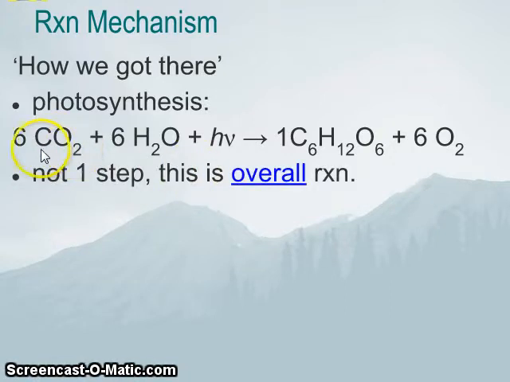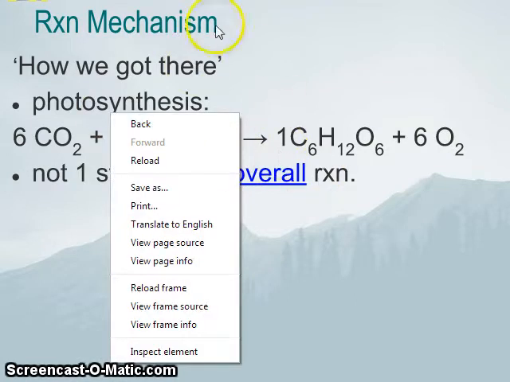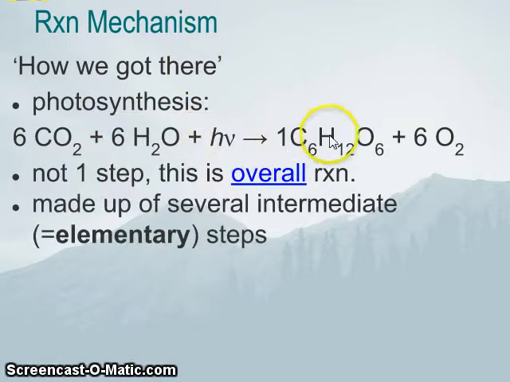We know that this doesn't happen in one step, because remember, we think about kinetic molecular theory that the molecules actually have to bang into each other with the right orientation, and at no point are 6 carbon dioxide molecules and 6 water molecules all going to hit each other at just the right orientation with a bit of light and then all come together and form one sugar molecule. That's just unreasonable.